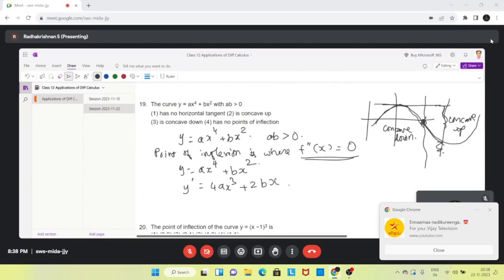Okay, so is there a value of x for which y prime is equal to 0? Yes, you do get a value, because x can be taken out as common.